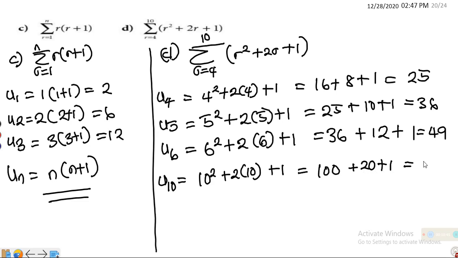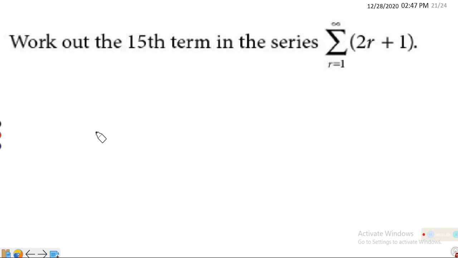It's not 81, it's 121. Yeah, 121. So if you take the square of the previous term's base, it will give you the next term. So this is for this one, and then we are done with that.